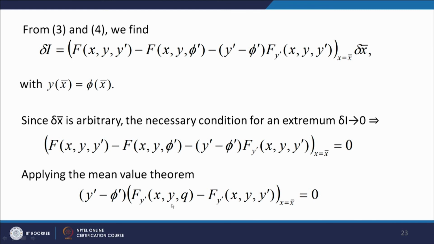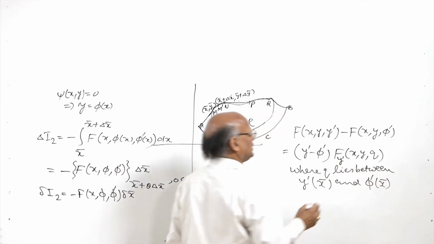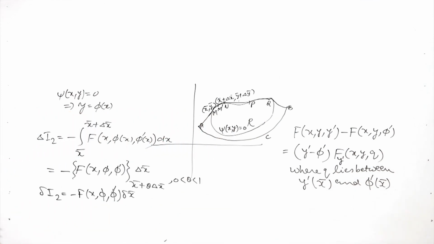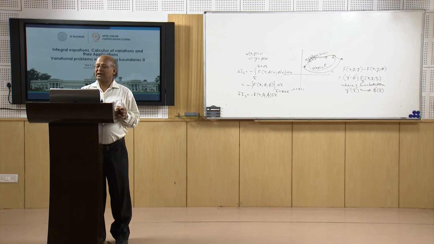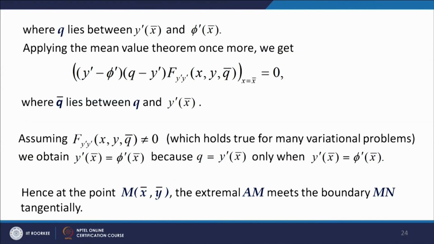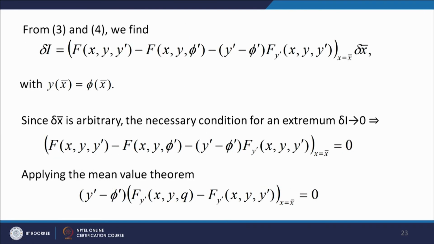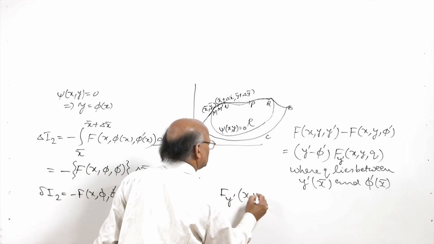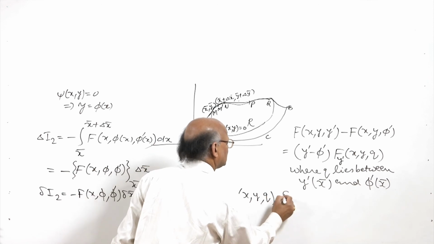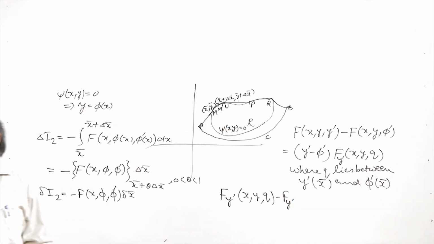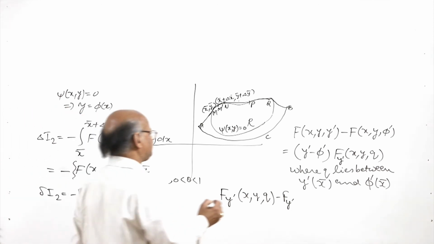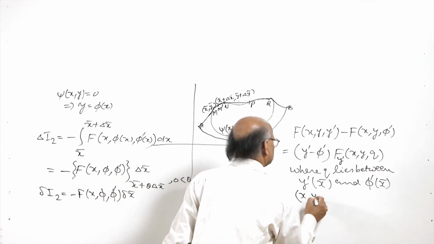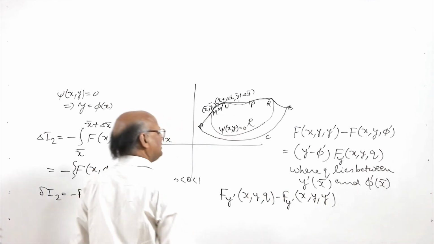This is f_ψ' at q minus f_ψ' at ψ' at x = x̄ is equal to 0. And applying the mean value theorem again, let us see: f_ψ' at q minus f_ψ' at ψ'. Let us apply the mean value theorem here again.